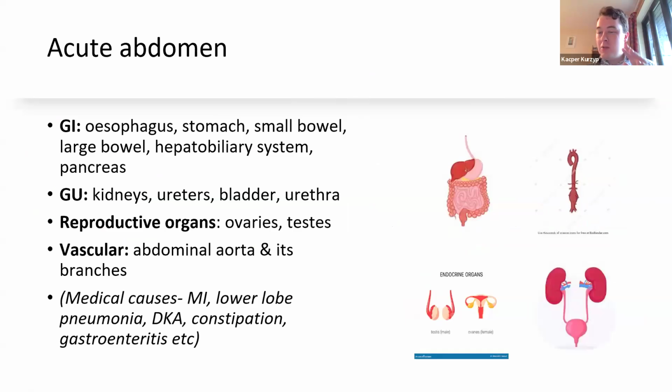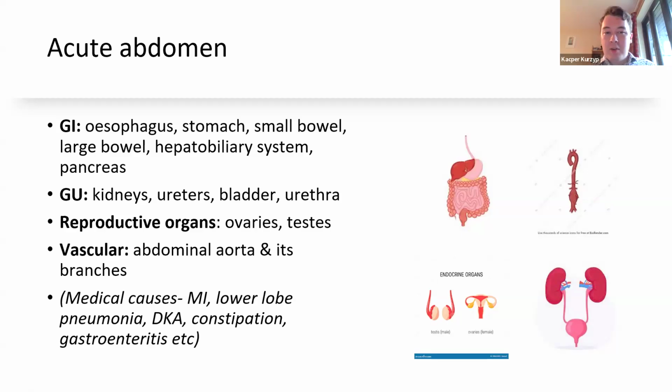So we will divide this talk into the acute abdomen, starting with the lower bits of the abdomen, and then we will cover central abdominal pain and chronic conditions as well. So, acute abdomen will be conditions associated with inflammation and surgical pathologies within the abdominal cavity. As you can imagine, there is quite a lot in there. We will focus mostly on the GI tract today.